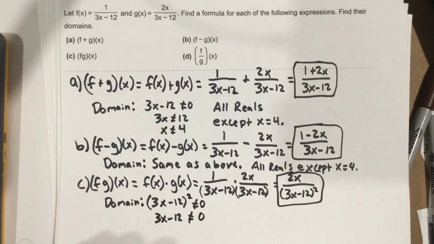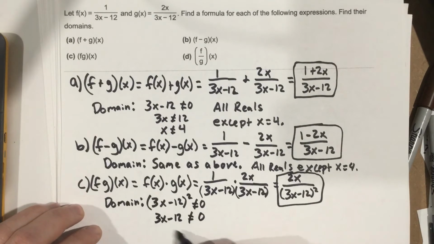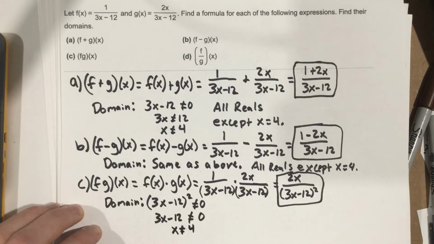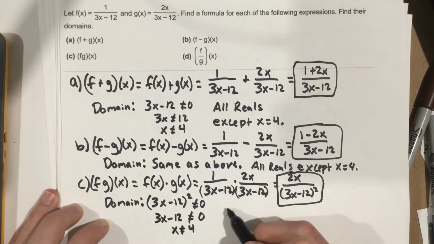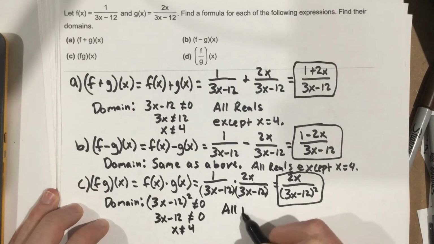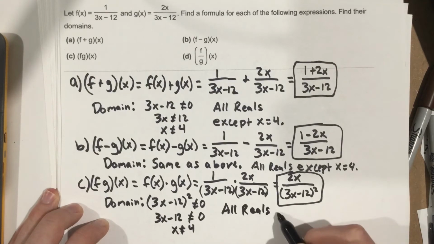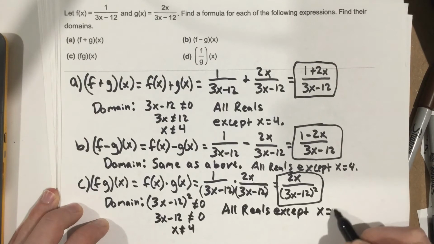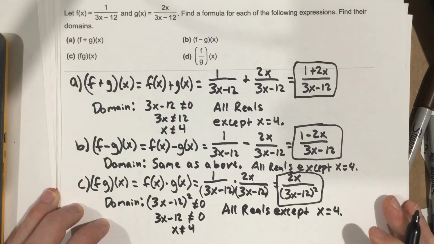And there's no plus and minus because 0 is just 0. So now we add the 12 and divide by 3, and we'll get x not equal to 4. So our domain is all reals except x equal 4.